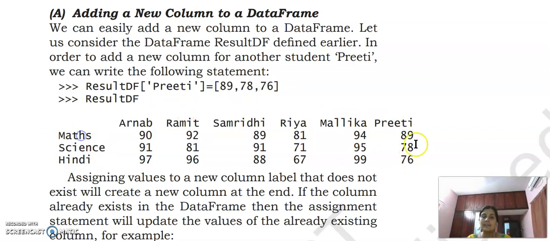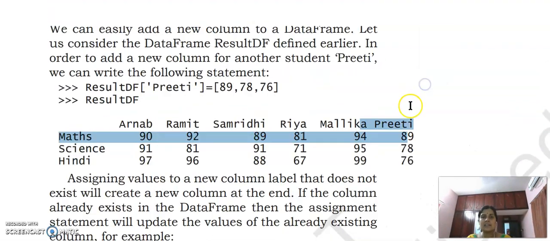For maths the value is 89, science 78, Hindi 76. So a column is inserted at the end of the data frame. This is the method to add a column to a data frame.